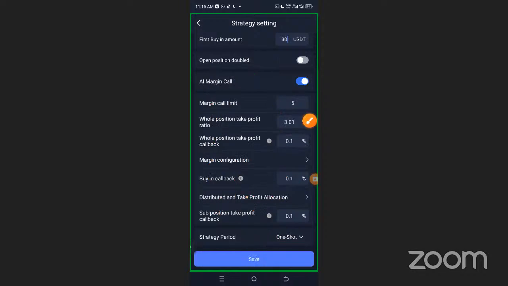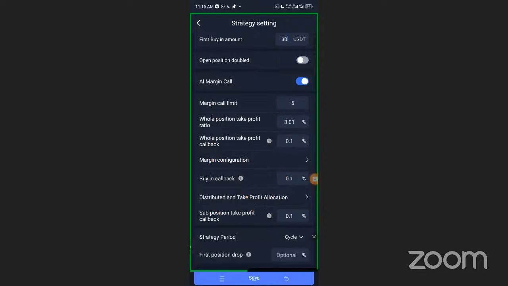But when you leave it in cycle, you are telling the robot to buy that particular coin and sell it continuously. It will buy, sell, buy, sell, buy, sell.